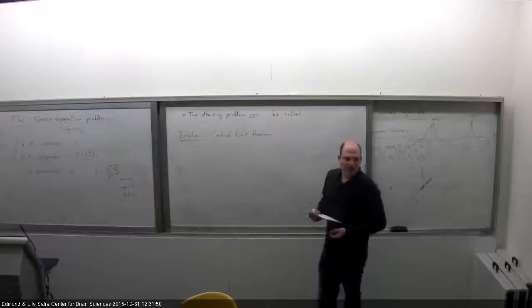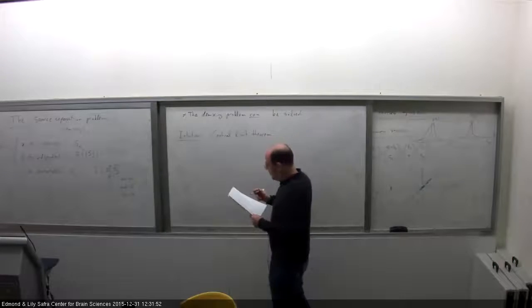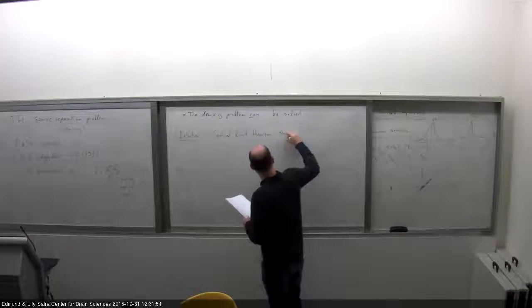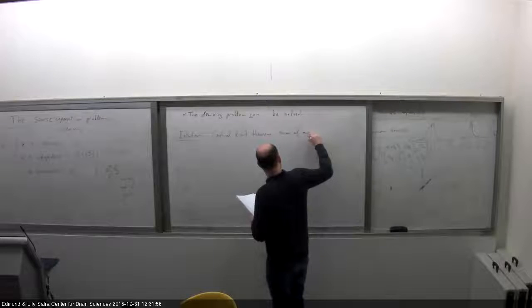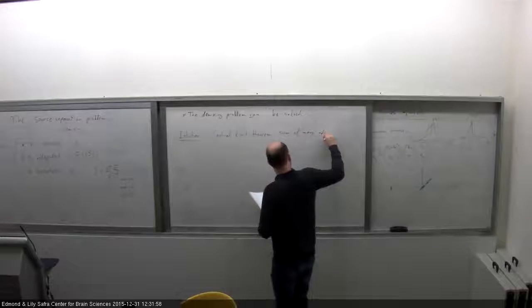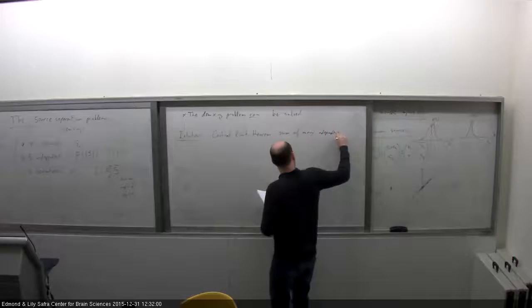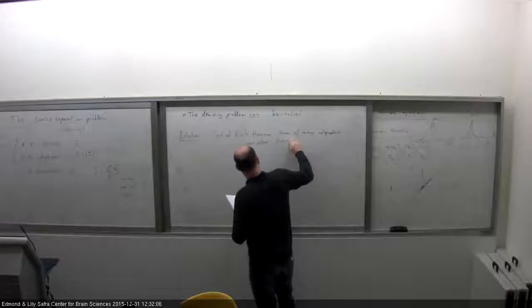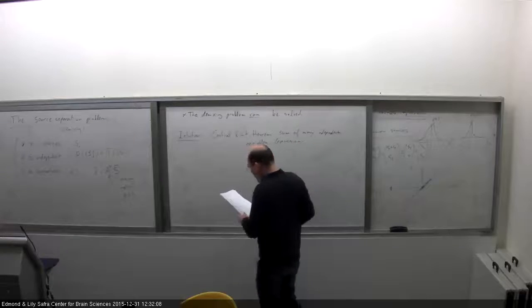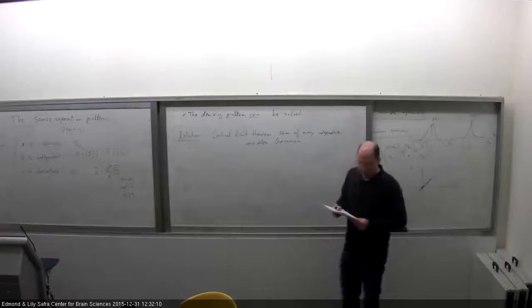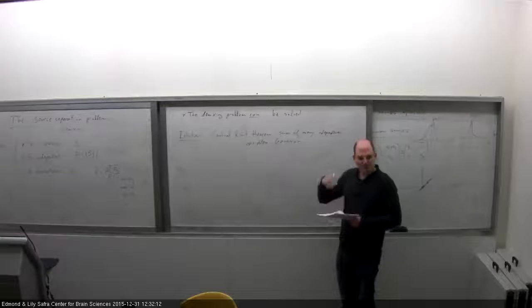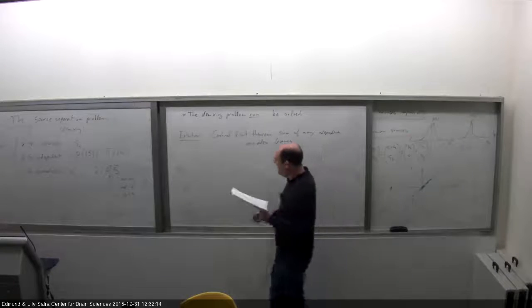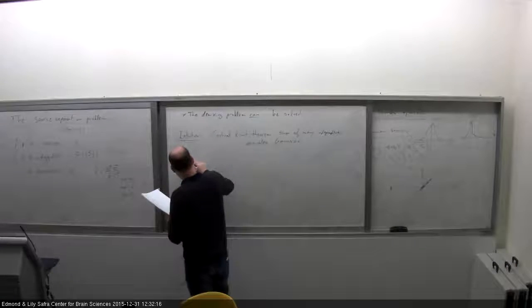The central limit theorem tells us that the sum of many independent variables is Gaussian. And this leads us to the vague statement that I will write down now and will try to explain.